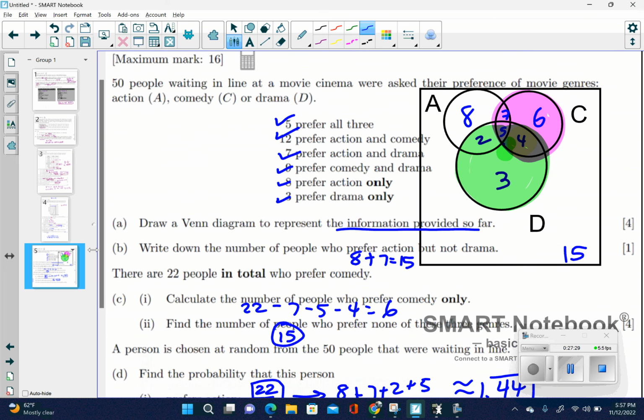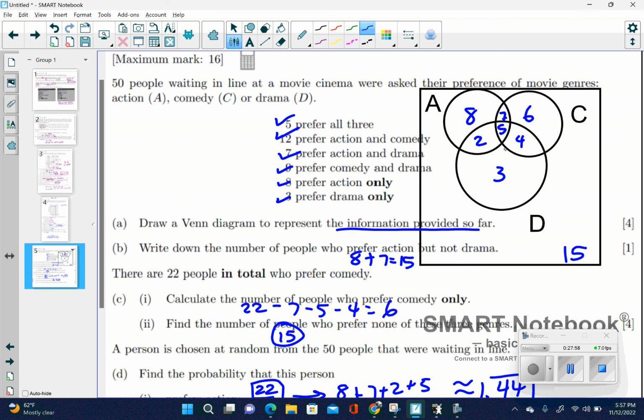So we have 8, 7, 5, 6, this was 2, this was 4, this was 3, and that's 15. That doesn't prefer anything. We're looking for does not prefer either action or comedy.